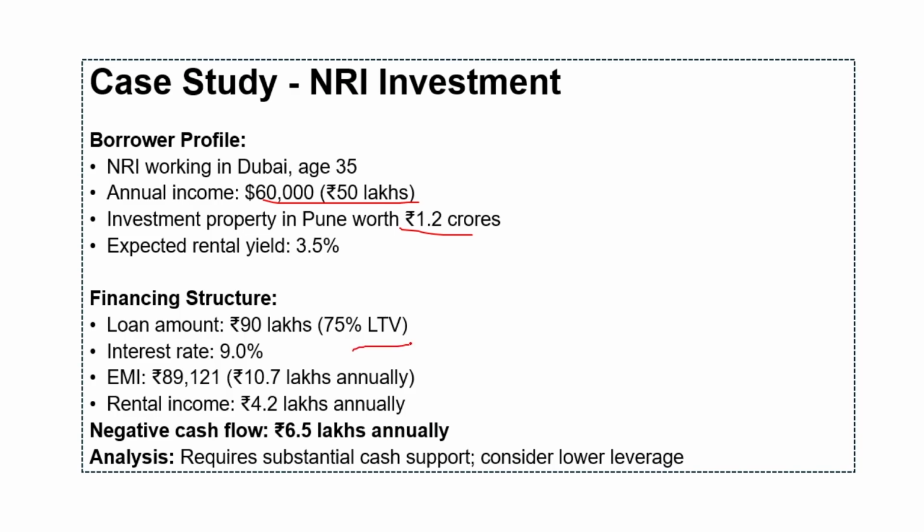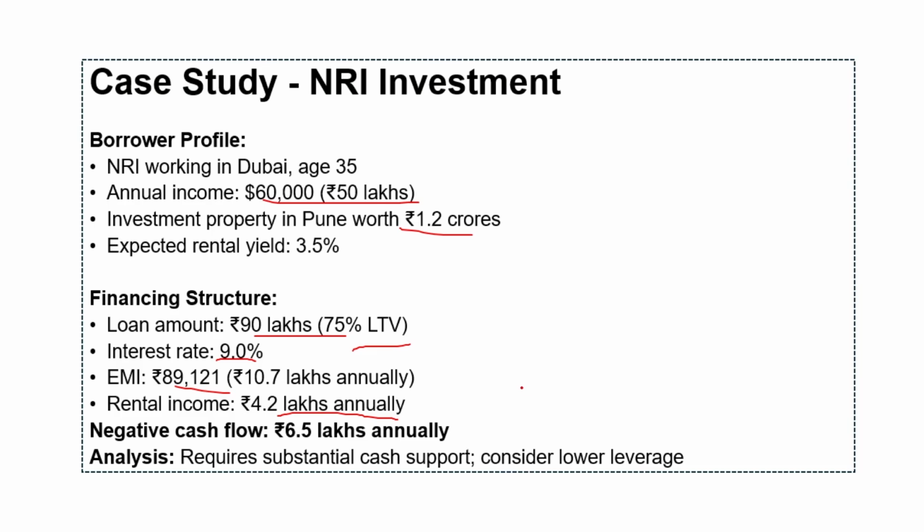75% LTV, right? It leads to a 90 lakhs loan amount and interest rate of 9%. So EMI comes at around 89,121, and the rental income is this, right? So for a good quality property in Pune, this is there, but it creates substantial negative cash flow of 6.5 lakh annually.